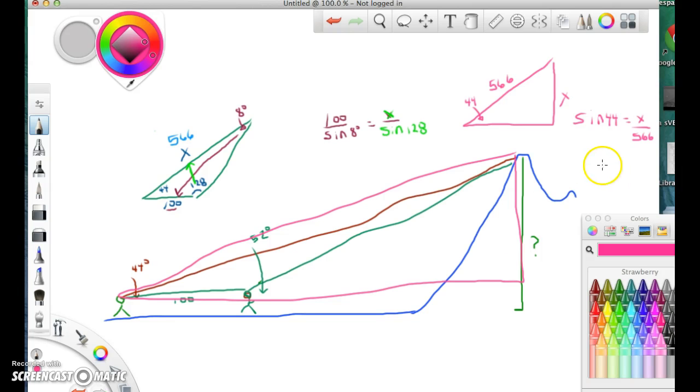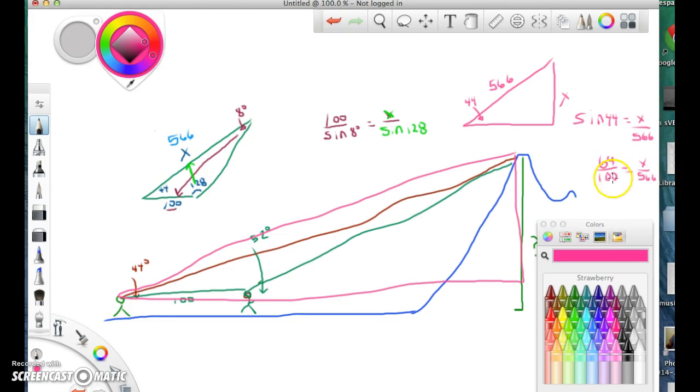So you're basically saying 69 over 100, right? Or 0.69. I just want you to see the fraction. Equals x over 566. Okay. So in the calculator, multiply these two divided by 100.